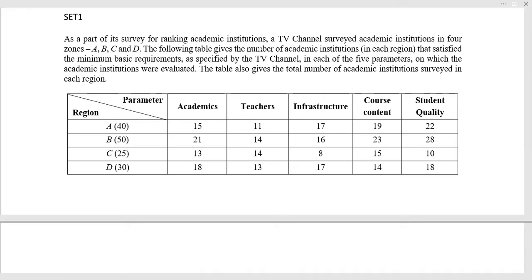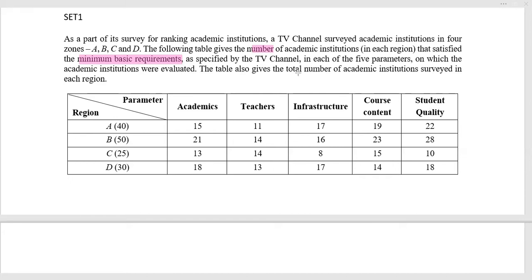The following table gives the number of academic institutions in each of the regions that satisfy the minimum basic requirements as specified by the TV channel in each of the 5 parameters on which the academic institutions were evaluated. Those parameters are academics, teachers, infrastructure, course content, and student quality.